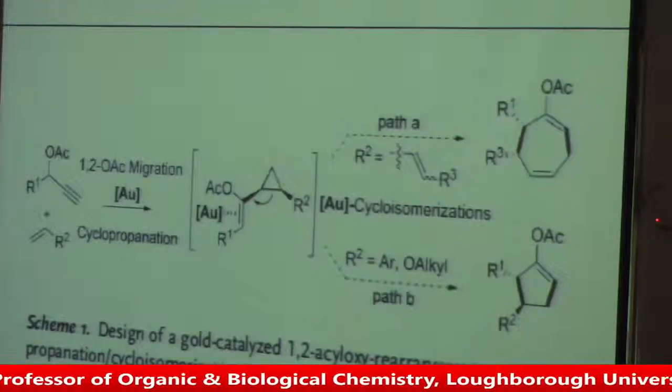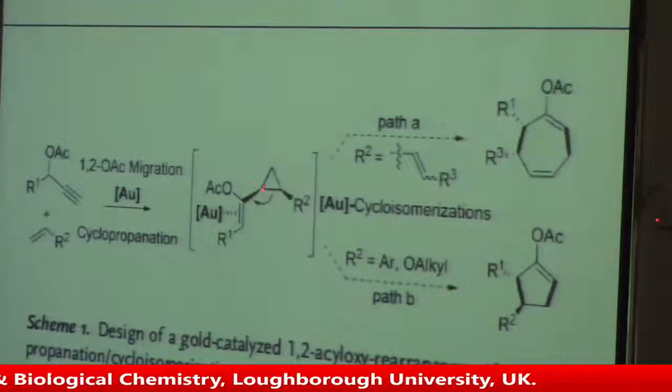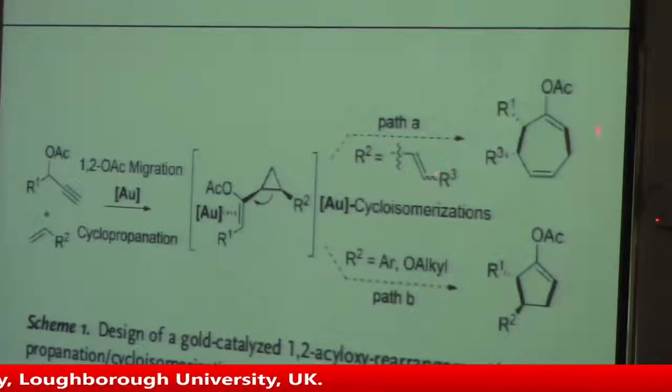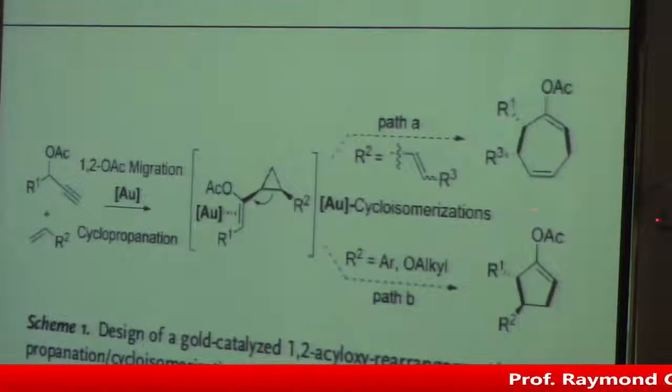And that's of interest because that then is set up to do a cope rearrangement. 1, 2, 3, 4, and then a double bond 5, 6. So that's where the 7-membered ring in the example that was on yesterday's slide comes from.